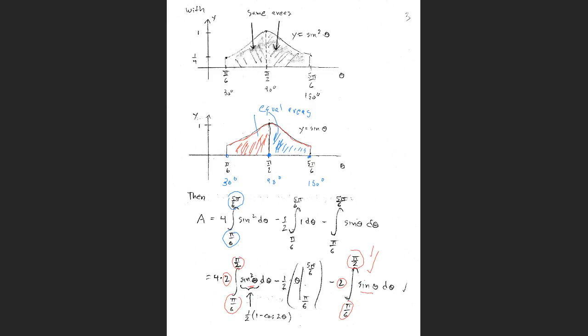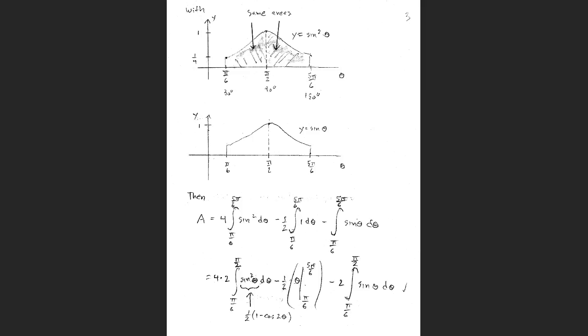So now, naturally, for the first integral, we're going to employ the fact that sine squared theta equals 1/2 times 1 minus cosine of 2 theta. And this 1/2 here, thank you, Leping, I'm going to bring out in front of that integral. So I'm going to have 8 times 1/2.